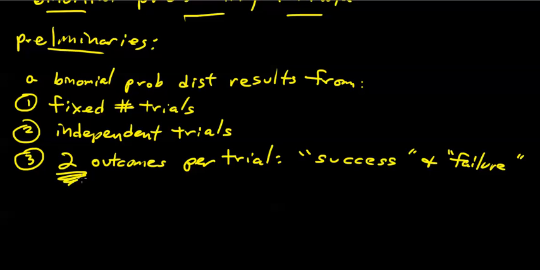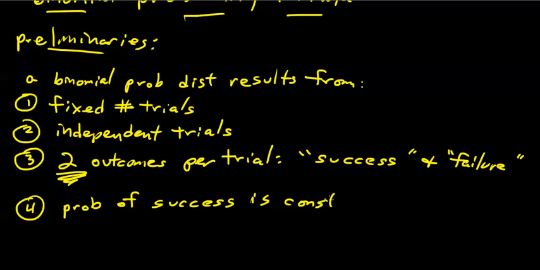And the bi in binomial distribution comes from this 2 outcomes per trial. And the fourth condition you need for a binomial experiment is that the probability of success, and of course then failure, is constant for all trials.